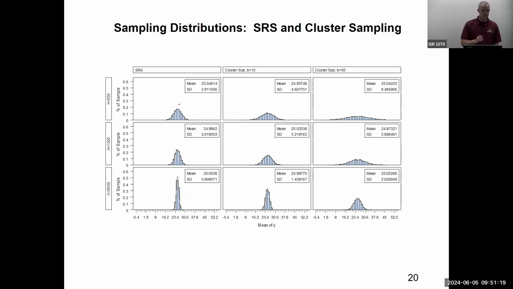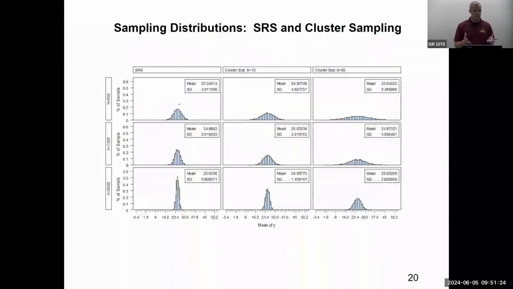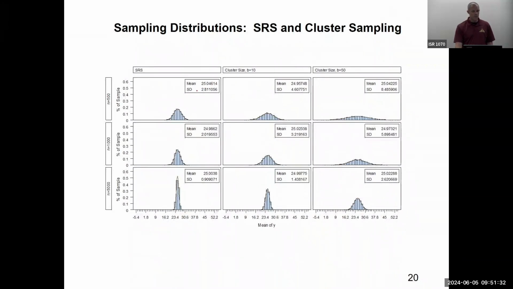What differs across the scenarios is the variability of the estimate. So start with our sample of size 500. Here's what the distribution looks like, centered at the mean of 25, but look at the standard deviation of those estimates. It's 2.81 under simple random sampling.